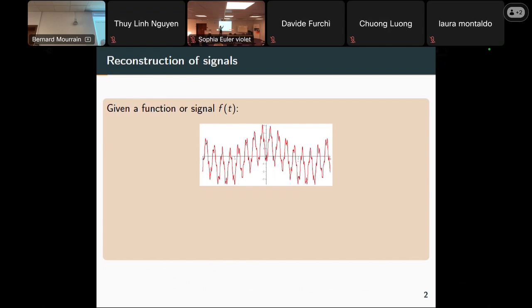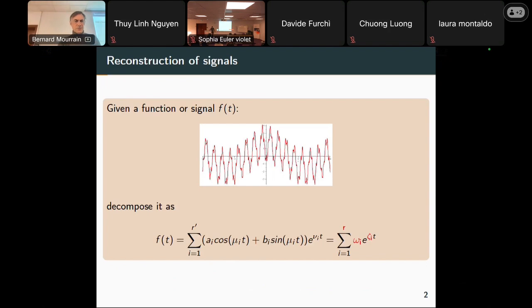So we have some oscillation in one, we have some faster one, and some even faster one. So can we guess what this function is? Can we decompose it as a sum of combinations of cosine and sine with some frequencies u_i and weights a_i and b_i?